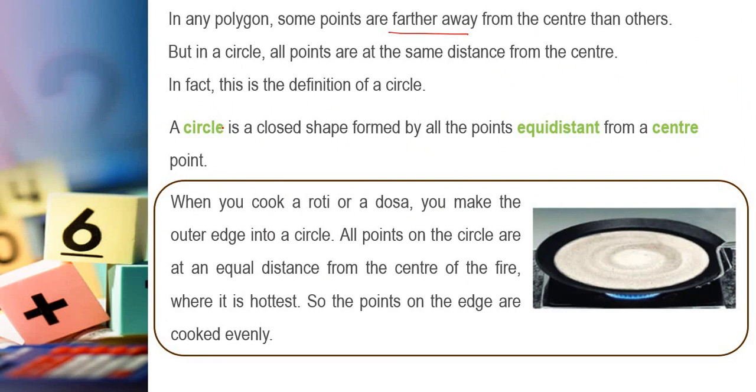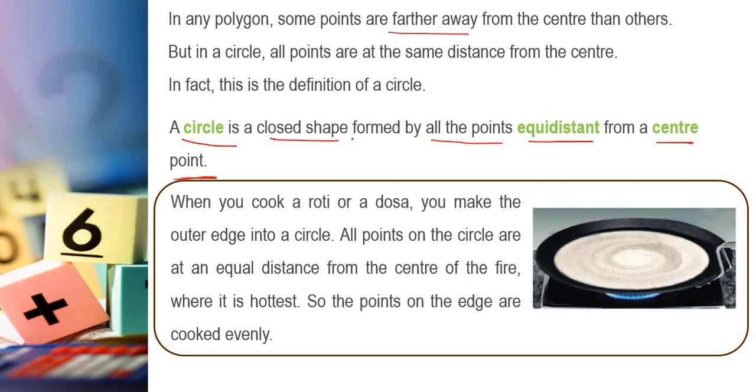What is the definition of a circle, children? A circle is a closed shape formed by all the points equidistant from a center point.